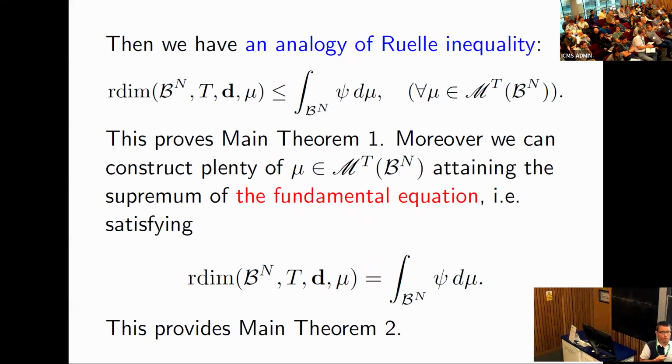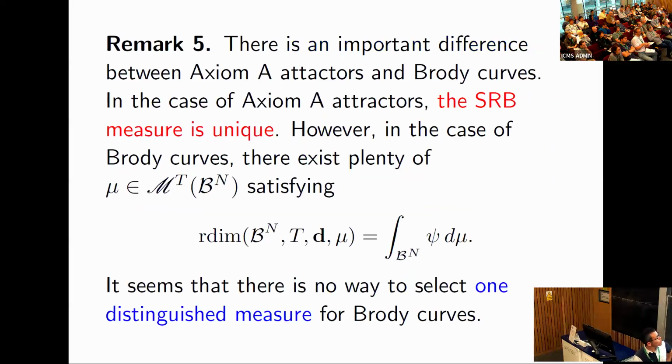So this is a very rough sketch of the proof. Okay. So one important remark. There is a very important difference between Axiom A attractors and the case of Brody curves. In the case of Axiom A attractors, it is known that the Sinai-Ruelle-Bowen measure is unique.